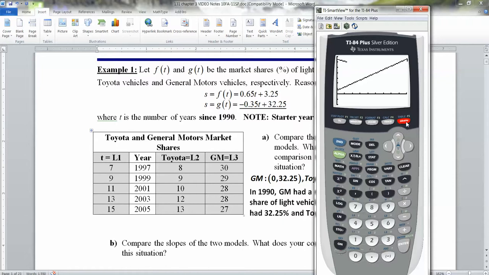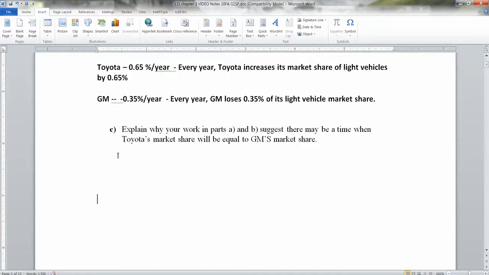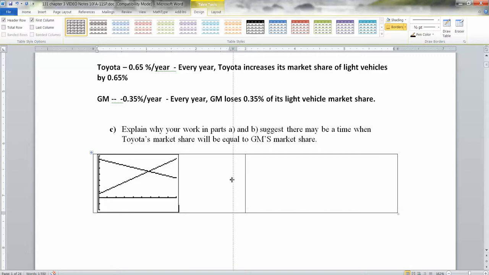So there's Toyota, there's GM. Look at that. And I'm going to make a little picture of it. Right? Okay, now what am I getting at here? Well, let's see. Since their slopes aren't equal, let's put it this way. Toyota starts low and increases.